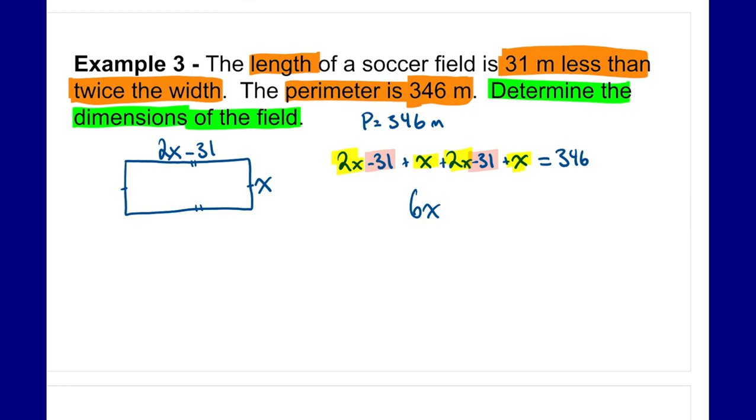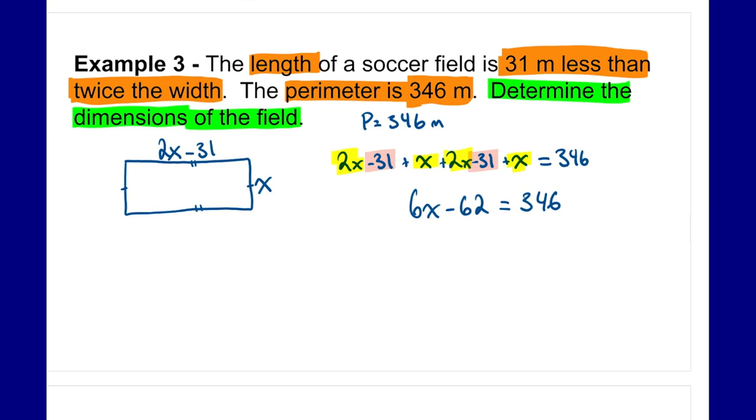Negative 31 minus 31 is negative 62. And that has to equal 346. So we went from a multi-step equation to a two-step equation. So two-step equations are important because we are going to simplify our more complex equations and eventually come down to a two-step equation.